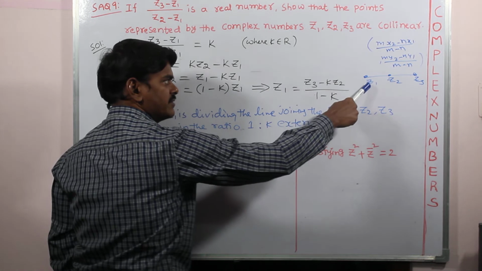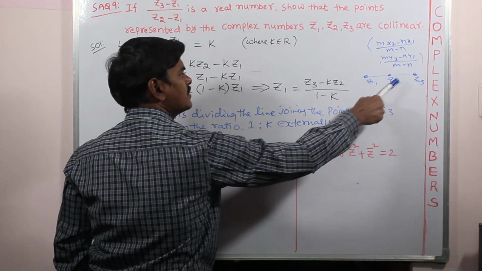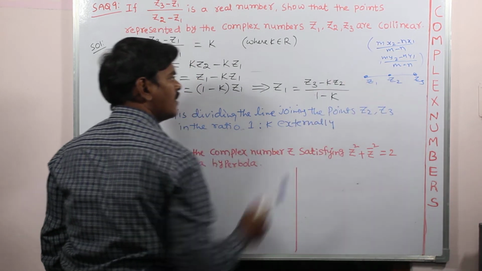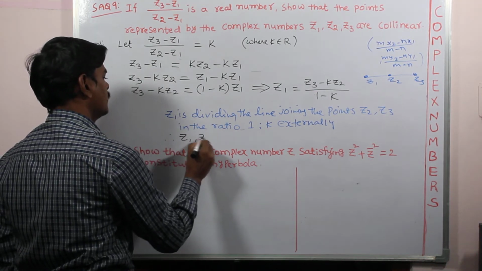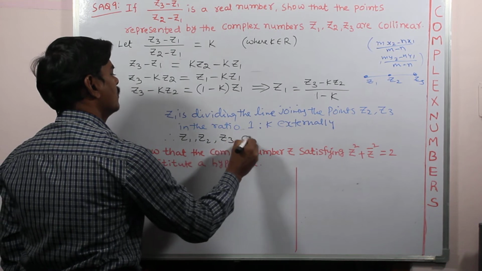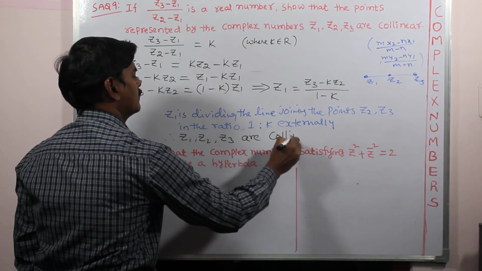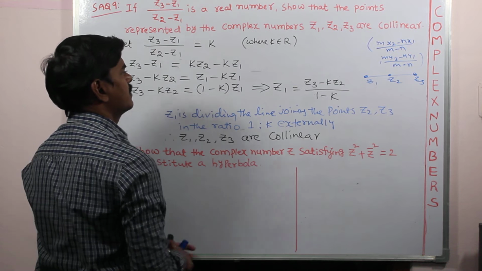So what can you say from this diagram? Do Z1, Z2, Z3 belong to the same line or not? We can conclude that therefore Z1, Z2, Z3 are collinear. This is the way to prove.